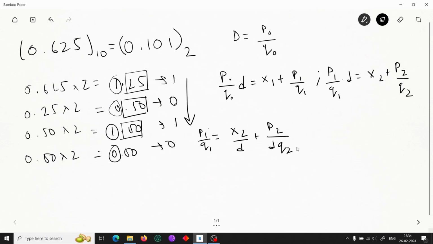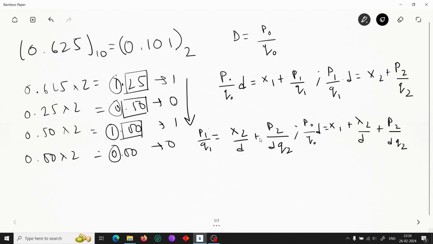And then we basically substitute this value in the first equation, which now becomes p0 by q0 times d equals x1 plus x2 by d plus p2 by d q2.